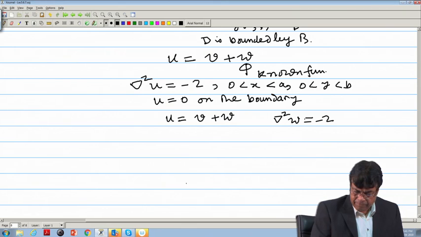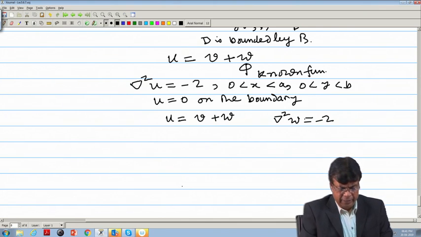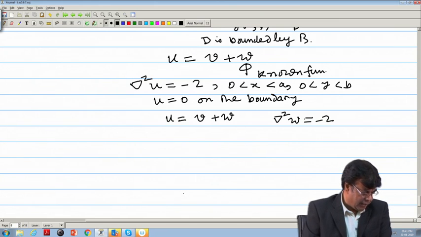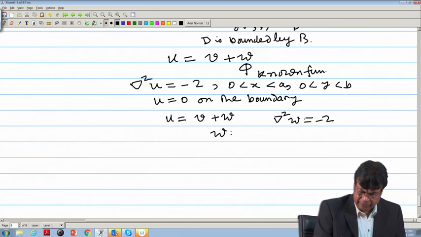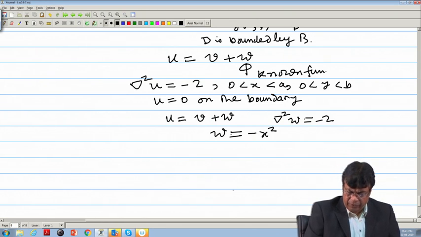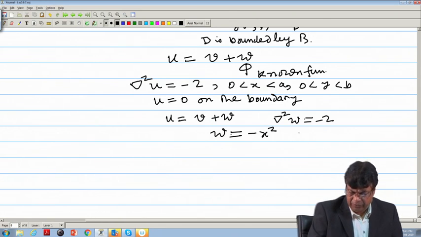If I do not want to disturb the homogeneous boundary condition for y, say for example, I choose w equal to minus x squared. That satisfies del squared w equal to minus 2.